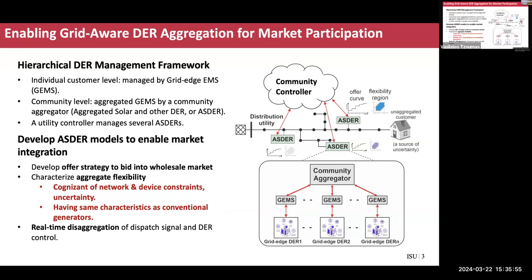Basically, they need to submit, for the MISO system for instance, up to 10 pairs of price and quantity. So for a given market price, how much power they are willing to offer to the bulk power system. That's something that we have to come up with for those aggregated devices. Of course, large conventional generators also have to do the same thing. But for them, they have been in this industry for decades.